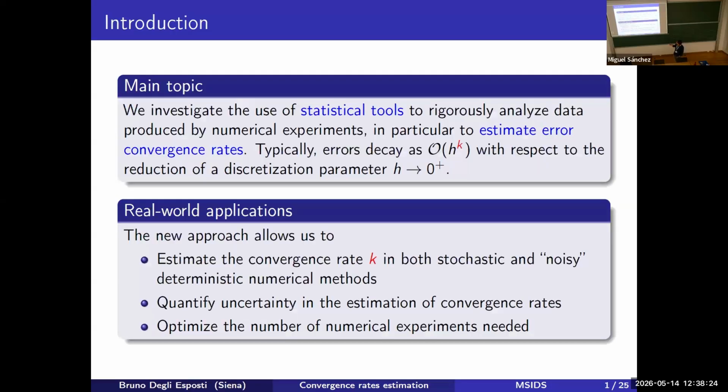And the topic is the use of statistical tools to rigorously analyze data produced by numerical algorithms. I'm more of a spline guy, actually. Typically, when I run simulations to solve PDEs, there's some discretization parameter.